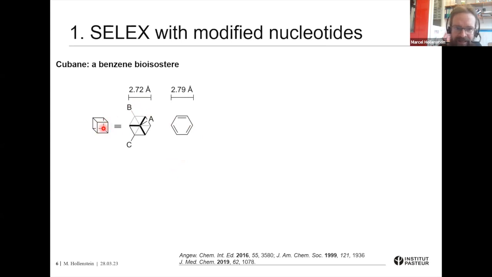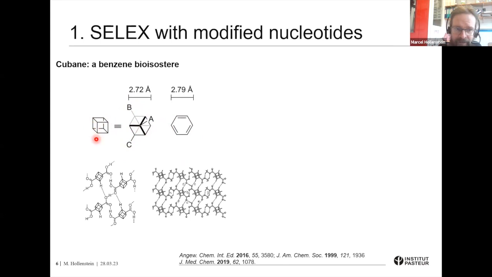It's not aromatic, it's not planar. It does have an important ring strain, and because of this, the cubyl hydrogen atoms are quite acidic and can engage in CH-O hydrogen bonding interactions.